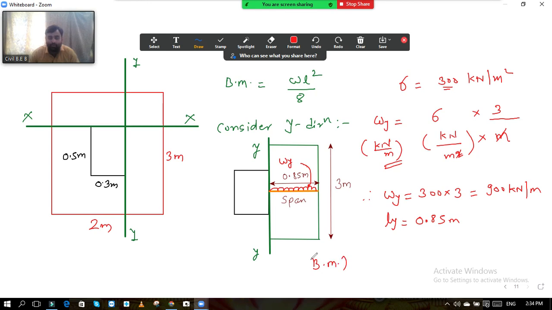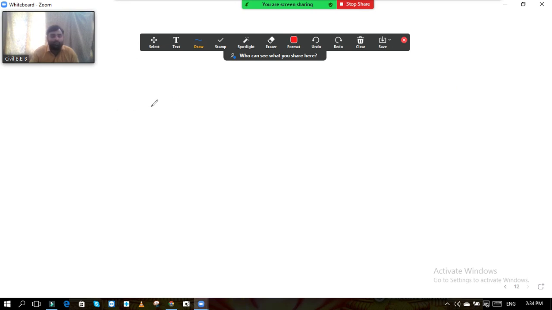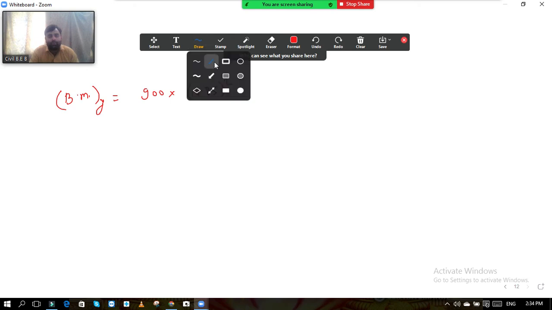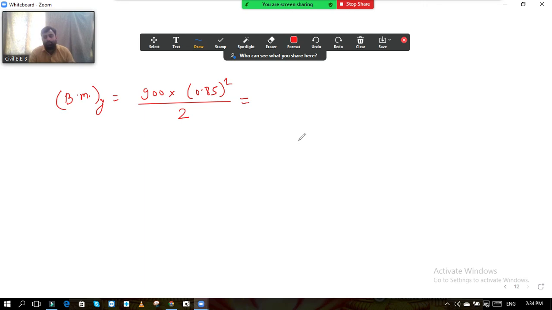It is wy into ly square divided by 2. What is the value of wy? It is 900 into 0.85 square, whole divided by 2. That is wl square by 2. Calculate this and let me know the value.